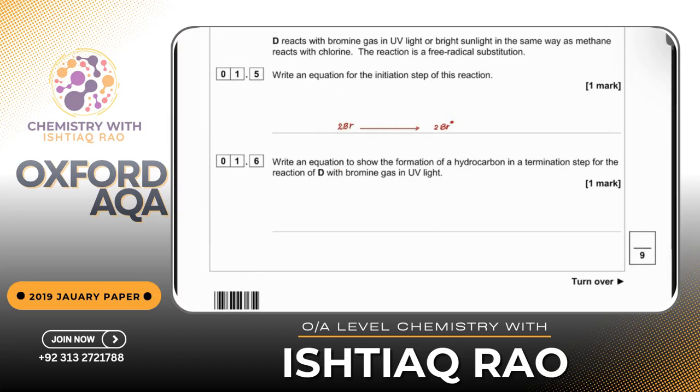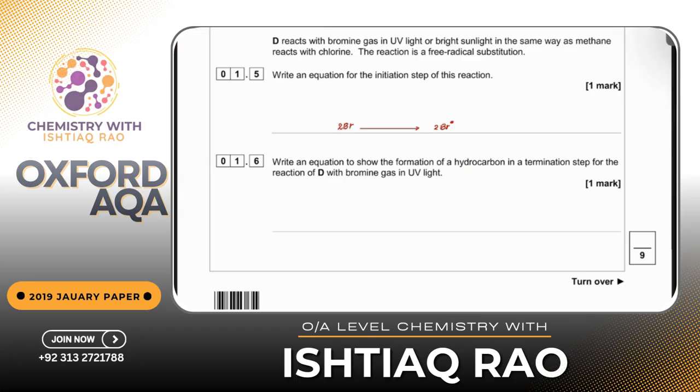Then they are saying write an equation to show the formation of a hydrocarbon in a termination step for the reaction of D with bromine gas in the UV light. What do we do in the termination step? We have to eliminate the radical. And how can we eliminate the radical?